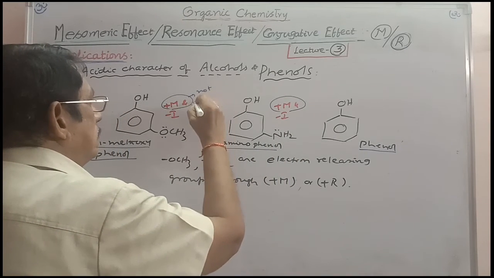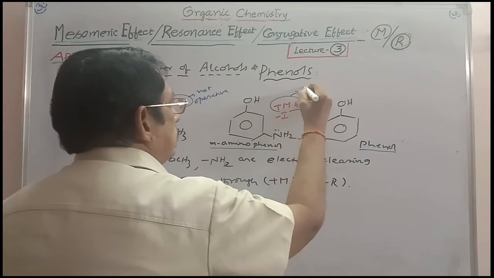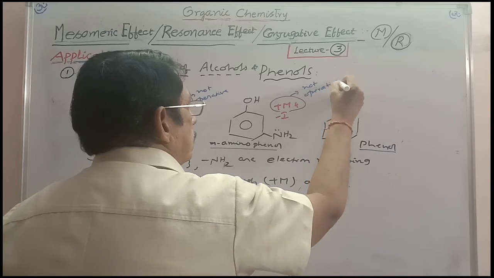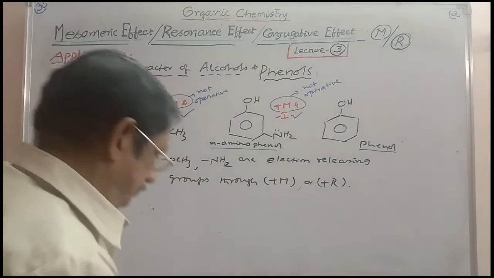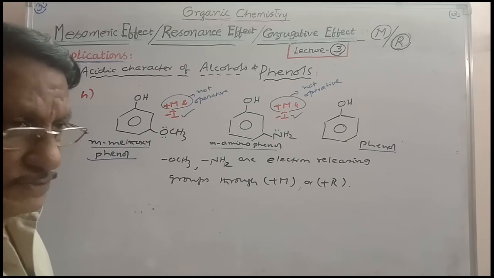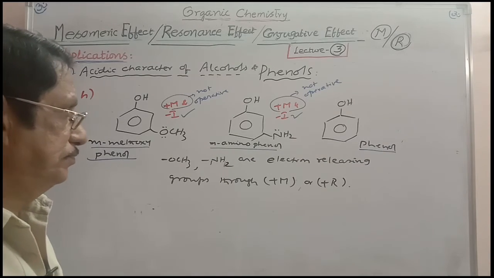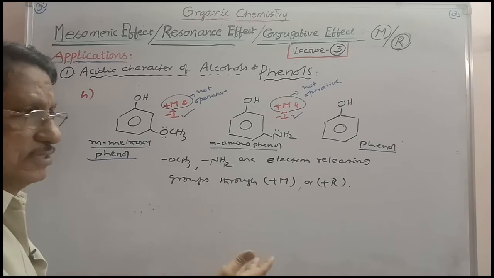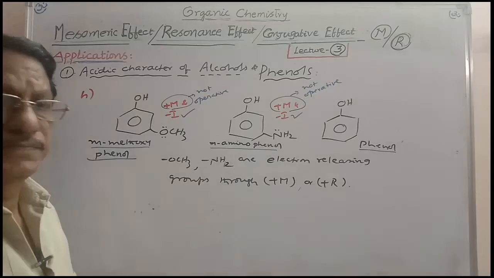So the whole explanation now lies with inductive effect in both the cases. Both will be electron withdrawing when attached to sp2 carbon. Minus inductive effect will be always there. Of course, mesomeric effect is dominating over inductive effect in this case, but as it is not operative, we have to consider only inductive effect.